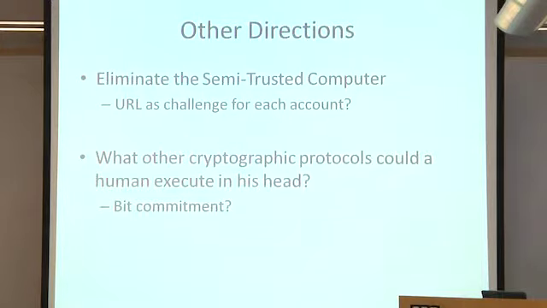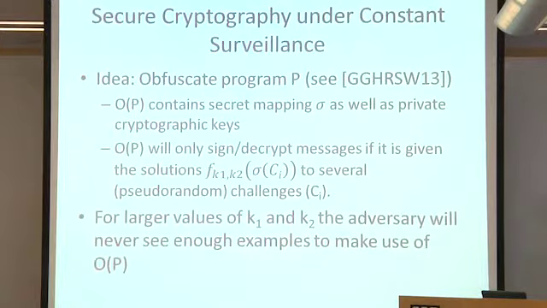Another goal would be secure cryptography under constant surveillance. What cryptographic operations could we achieve in a world where there are always cameras pointed at your computer and anything you ever do is observed? We have some ideas that involve using our scheme with program obfuscation.